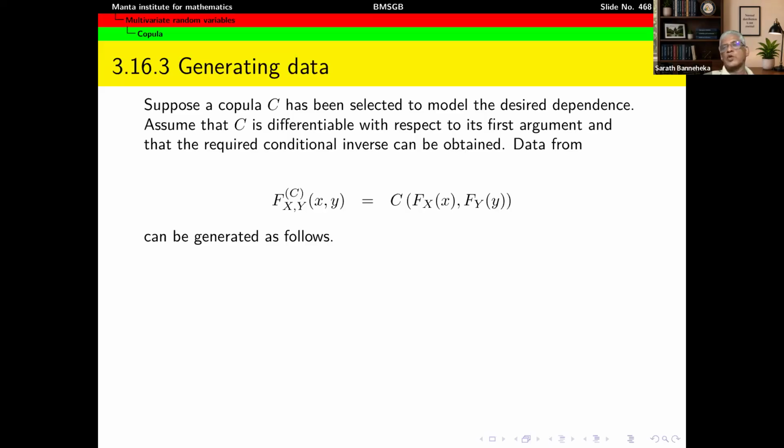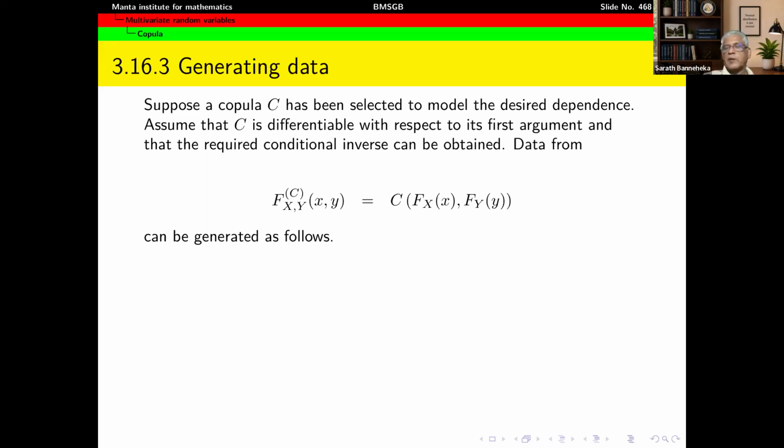There are so many copulas defined by a lot of people, like Gaussian copula, T copula, and some other copulas.